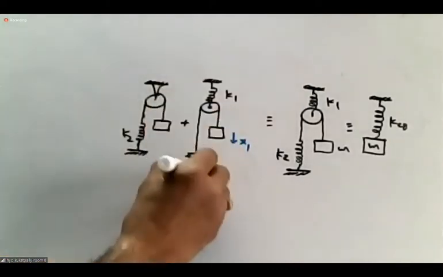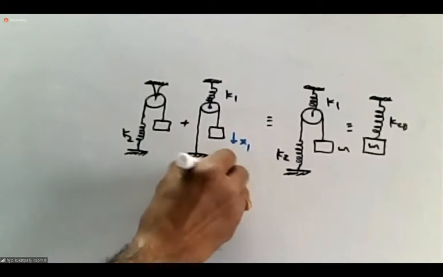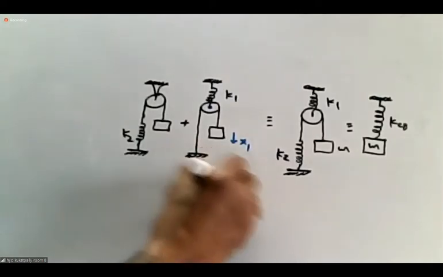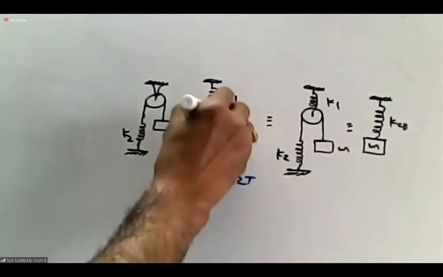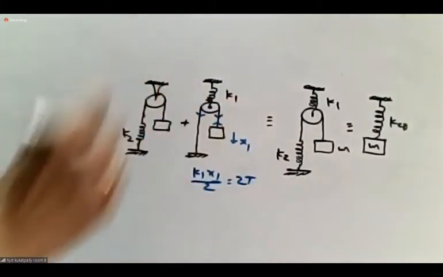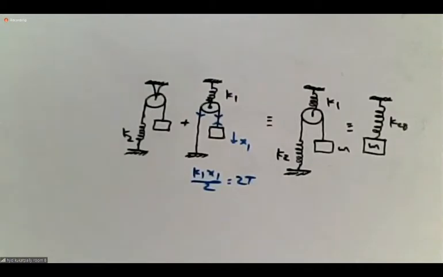So spring tension K1 x1 by 2 must be equal to the downward tension 2T. See, ultimately tension is the restoring force on the block. If you displace the block by x1, the center of the pulley displaces down x1 by 2, K1 x1 by 2 is equal to 2T.